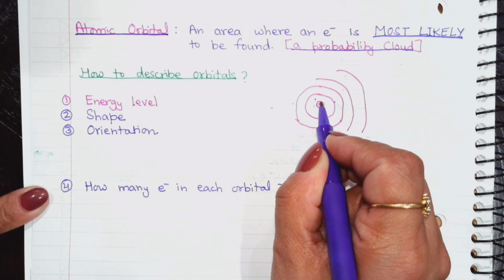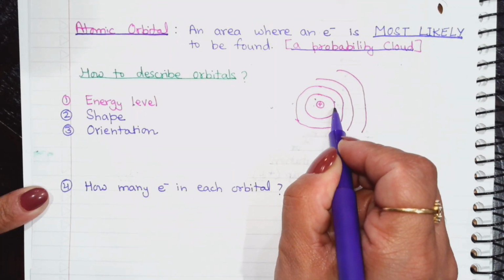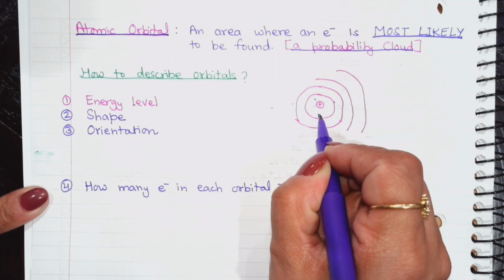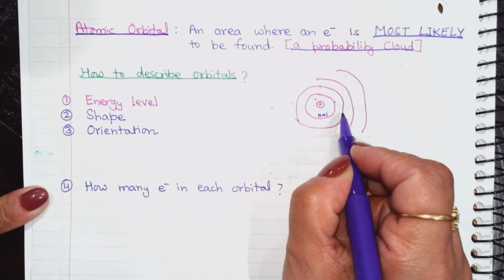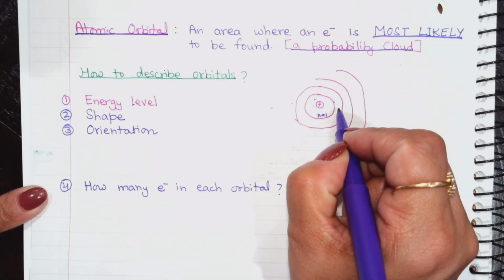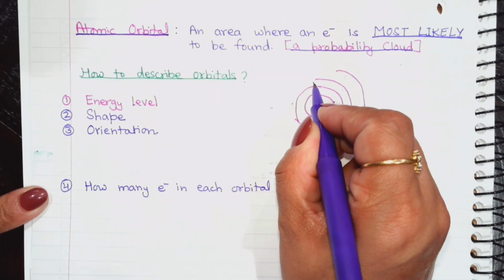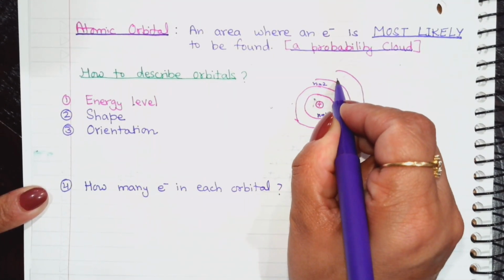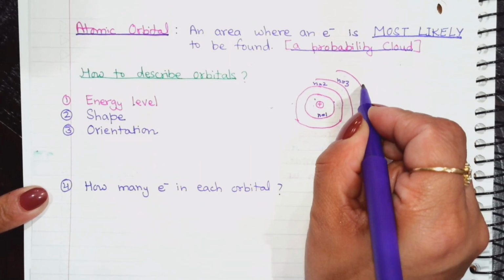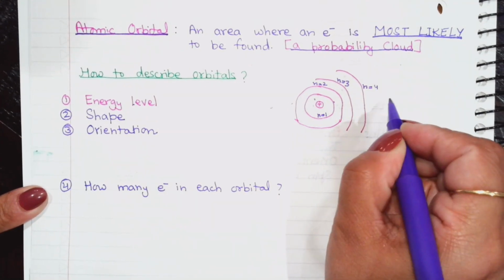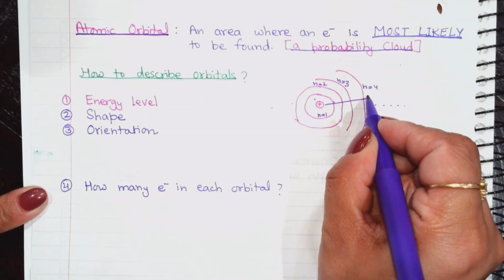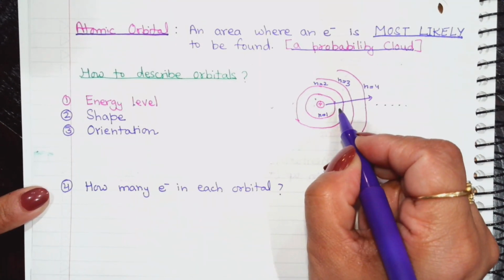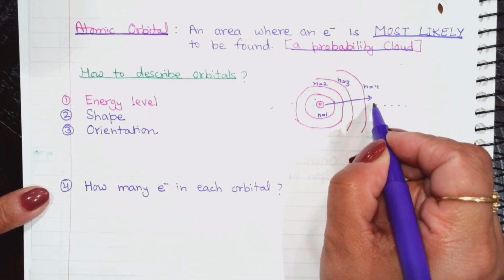Now look, this is the nucleus. The energy level that is closest to the nucleus is energy level 1. Right, and then as we go further away, this is energy level 2, this is energy level 3, this is energy level 4, and so on. As we go away from the nucleus, the energy of the electron will increase.